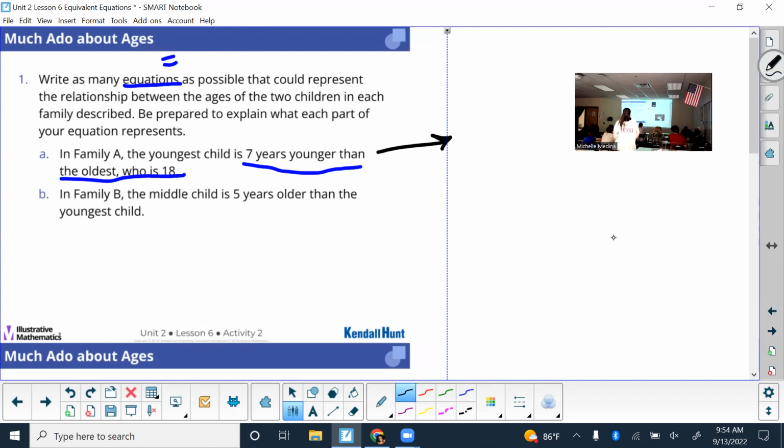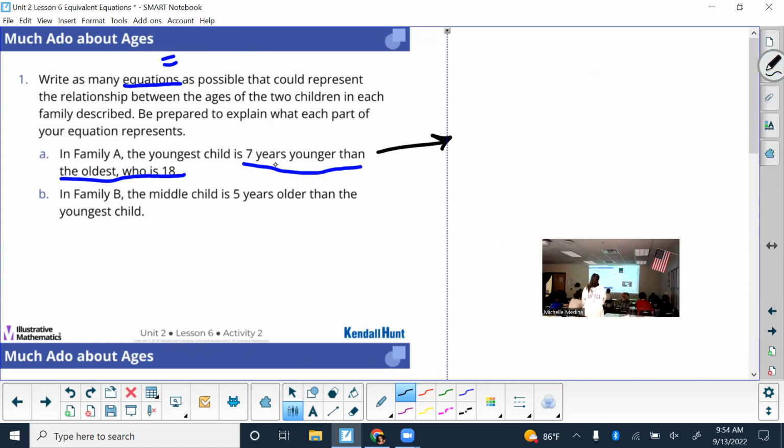So what's an equation that I could write for this, Amari? And what will X represent? So the youngest child's age. Anyone disagree with that? Is that incorrect?